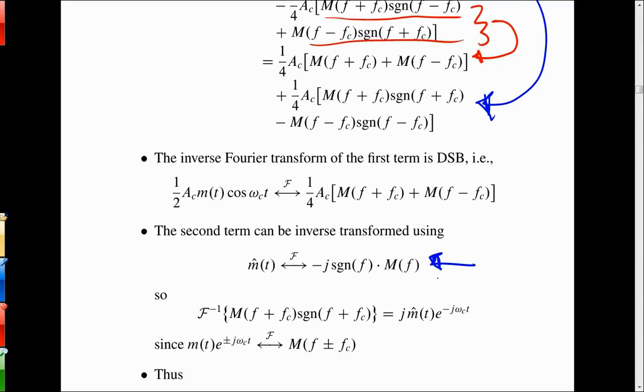So I can decompose the last two terms, these blue terms in here, using this identity right here, which was developed using the frequency translation theorem and the fact that the Hilbert transforming filter times a signal spectrum is going to be, in the time domain, the Hilbert transform itself, m hat of t.